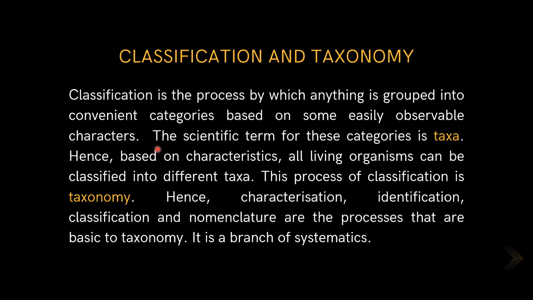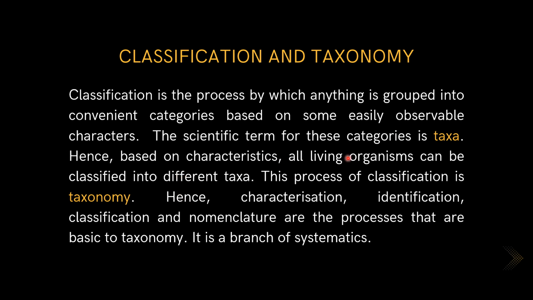For example, all the animals which have body hair, etc., along with a few other characteristics which we will be dealing with in the next chapters, are placed under the category mammals, and these categories are known as taxa.